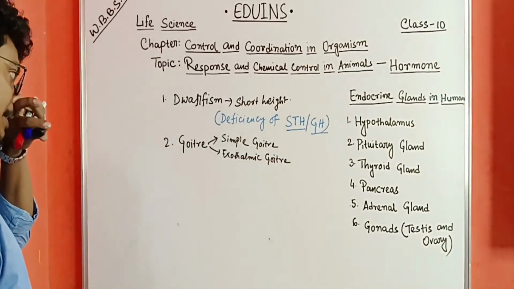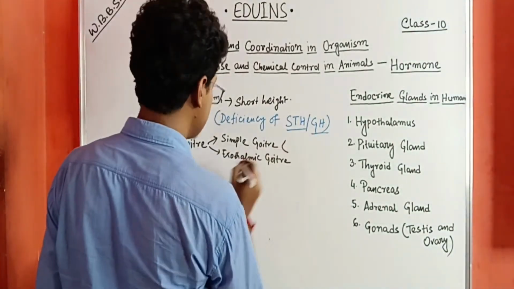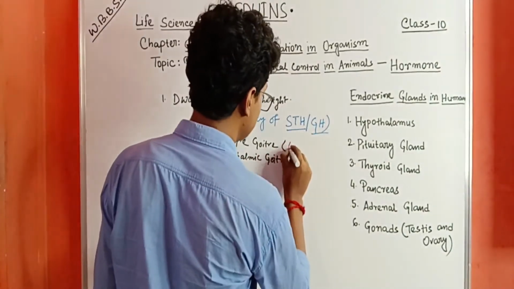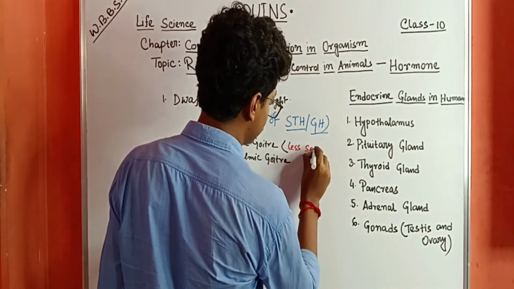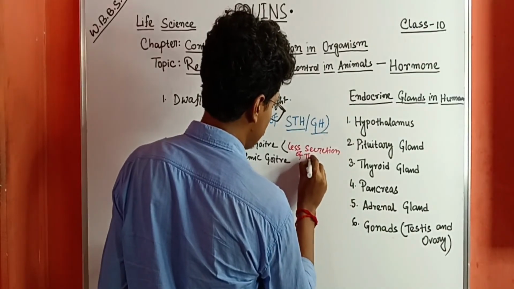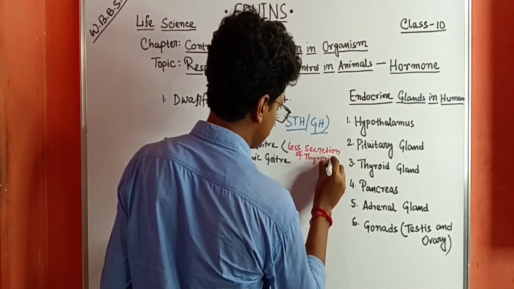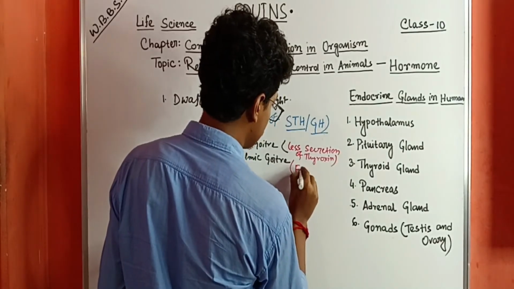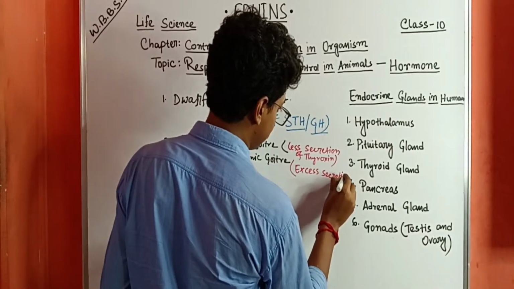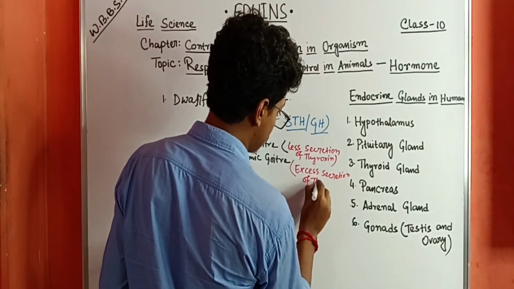Okay, these are the two types of goiter. This one is the less secretion of thyroxine, and this is the excess secretion of thyroxine.